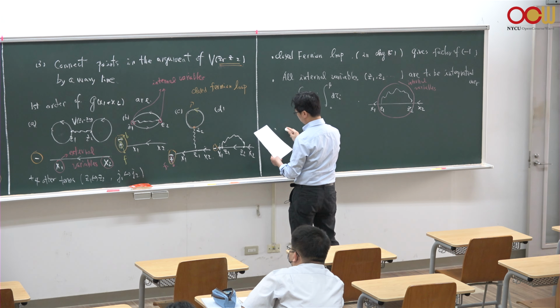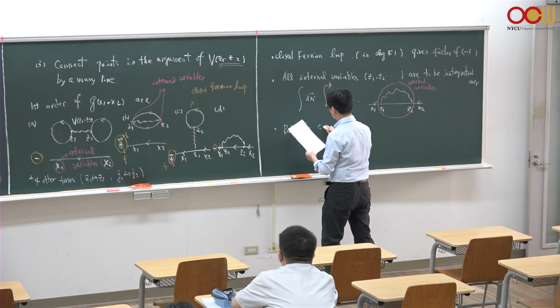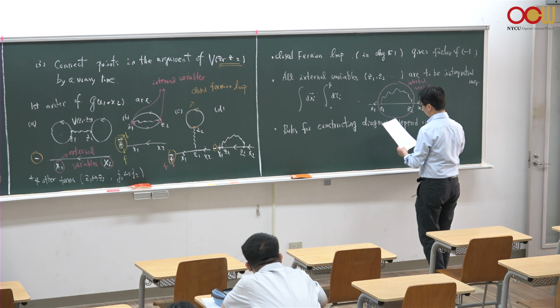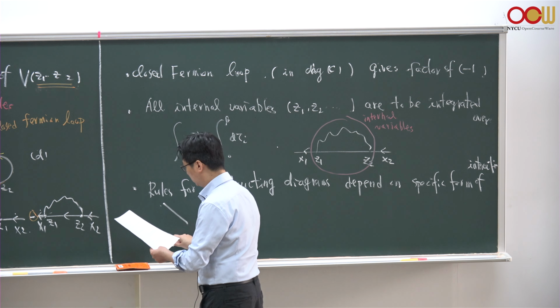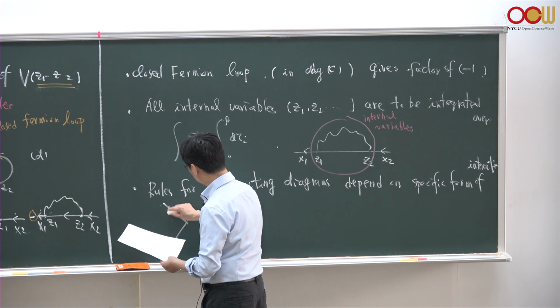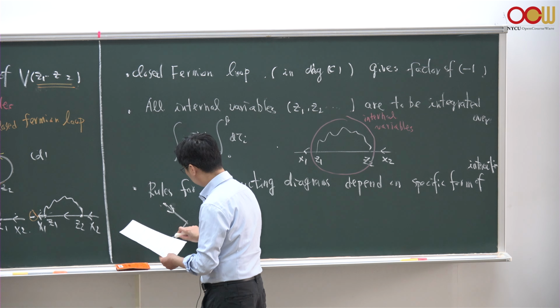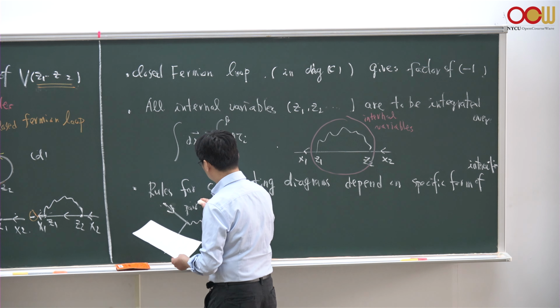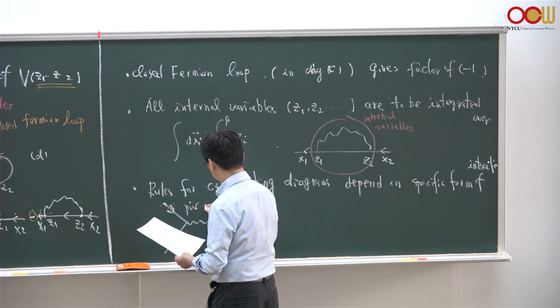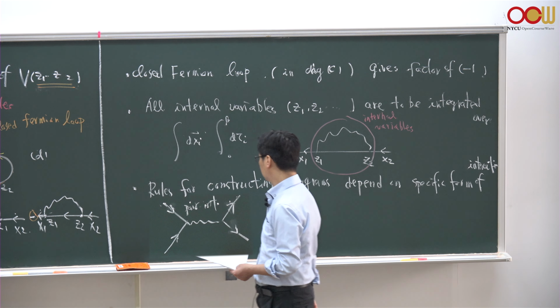So the third remark is that the rules for constructing diagrams depend on the specific form of interaction. I mentioned this briefly previously, that if we have a Coulomb-like interaction, this is the interaction vertex that describes the Coulomb interaction, which is the interaction between a pair of particles or a pair of electrons.